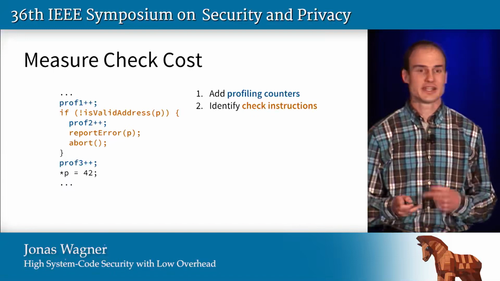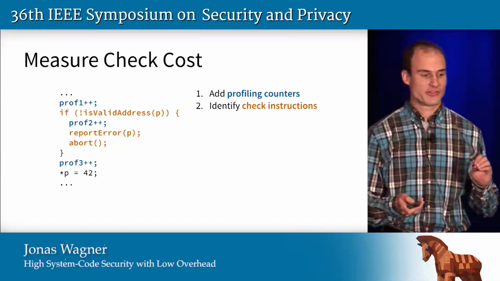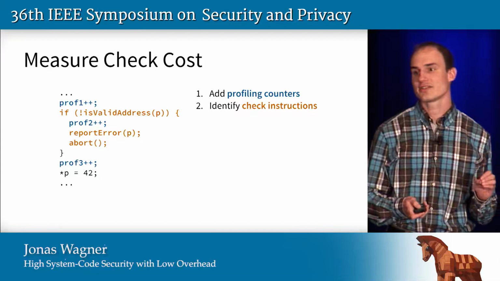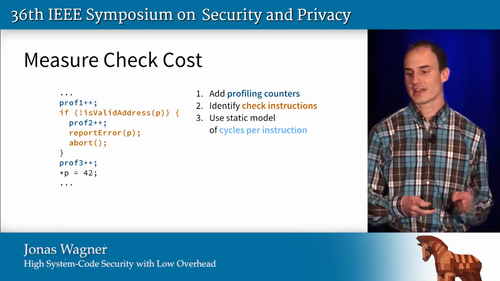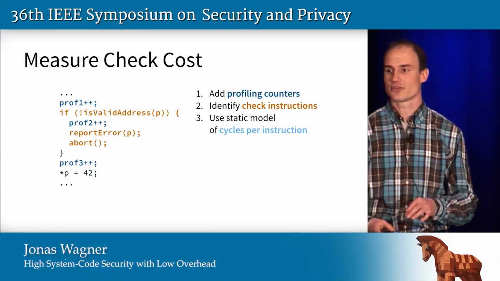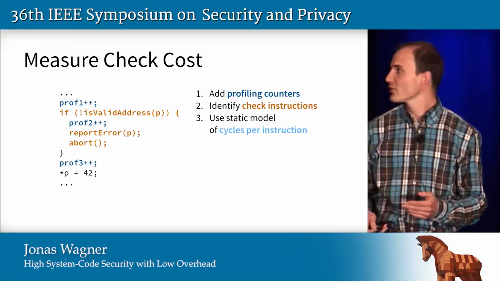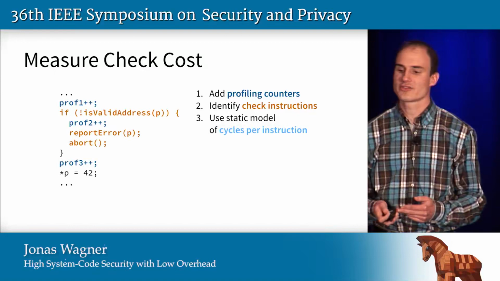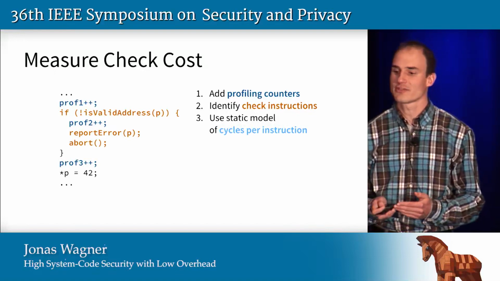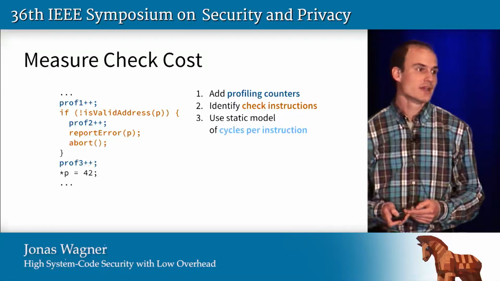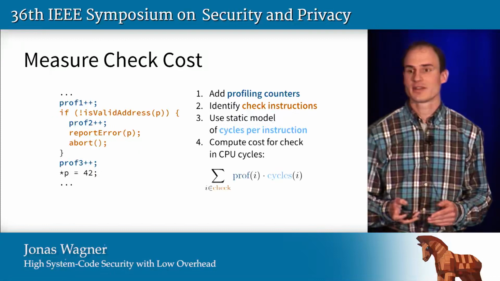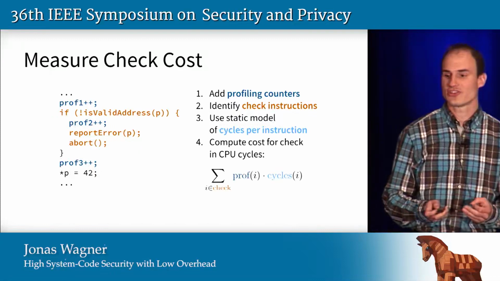ASAP also identifies the instructions that belong to a sanity check, and it uses a static cost model to essentially convert instructions into CPU cycles. This is also the same model that compilers traditionally use for optimizations. With all this data, ASAP can now compute the cost for every check.